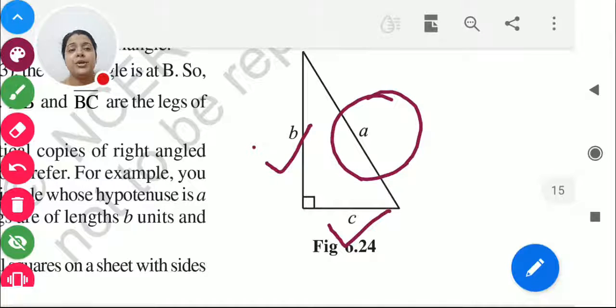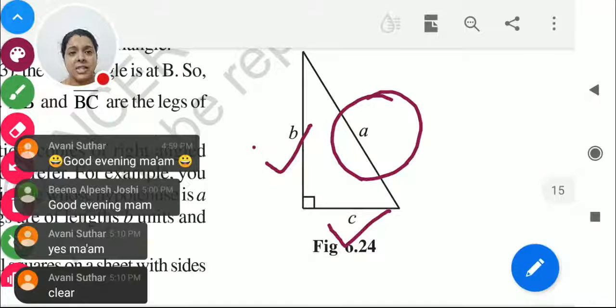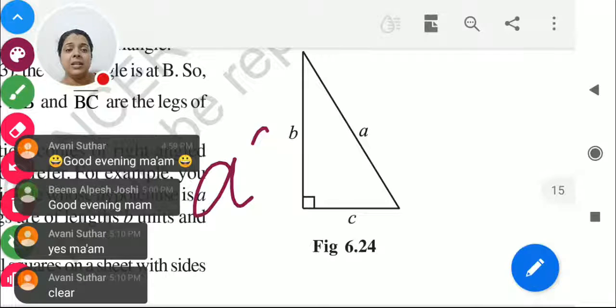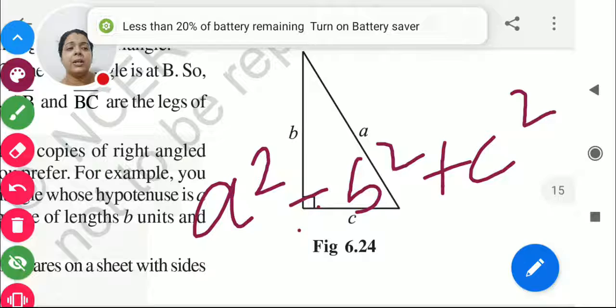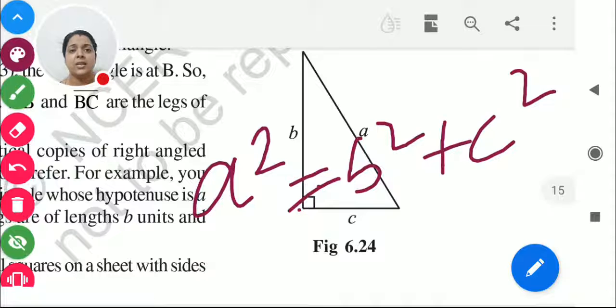The rule of Pythagoras says that hypotenuse square is equal to length square plus base square. This is actually the rule made here.